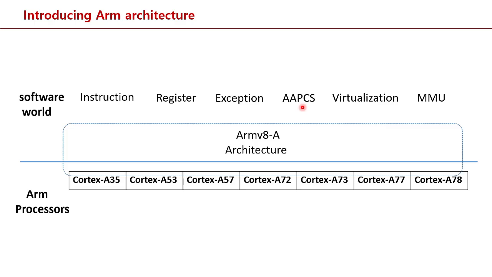If you want to call a particular function in your code, the ARM architecture supports the calling convention. The calling convention specifies how the argument is passed using particular registers, and how the return value can be stored using a specific register. That standard is called the AAPCS.